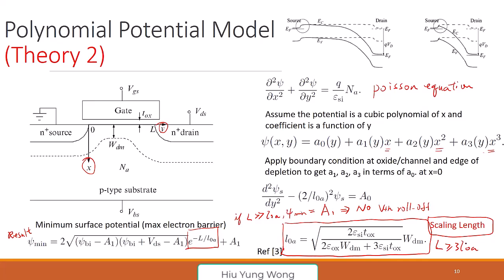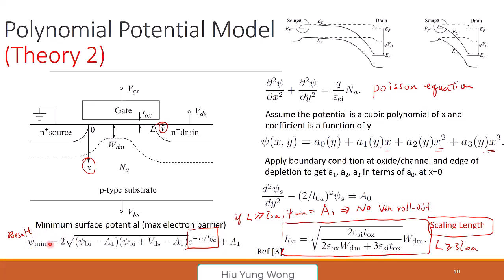What is LOA again? LOA is a constant given by this equation. And we say that when the channel length is larger than LOA, this term will be 0. Then you have no threshold voltage roll off.